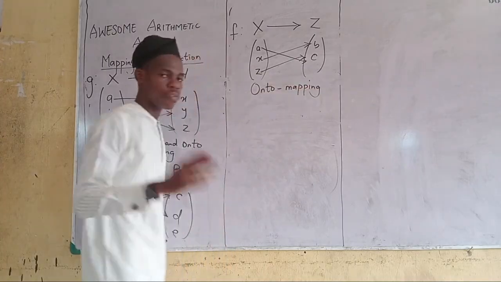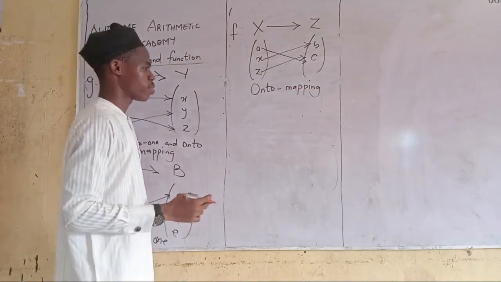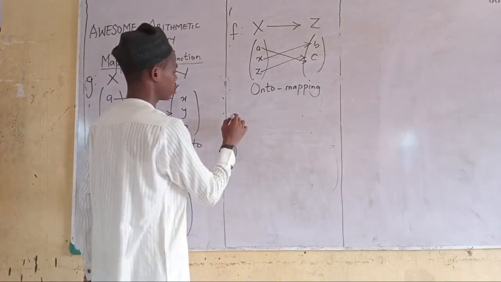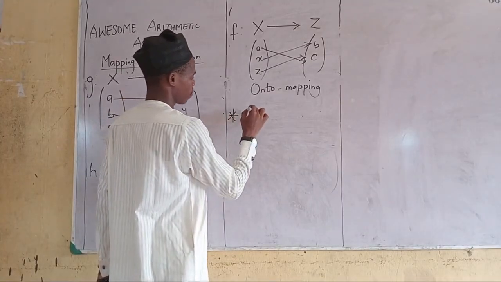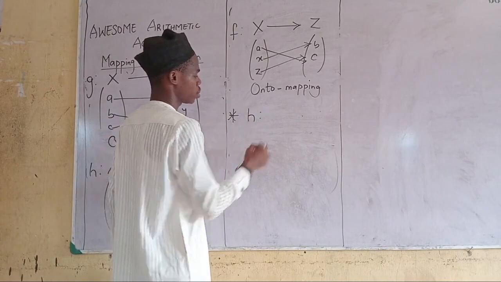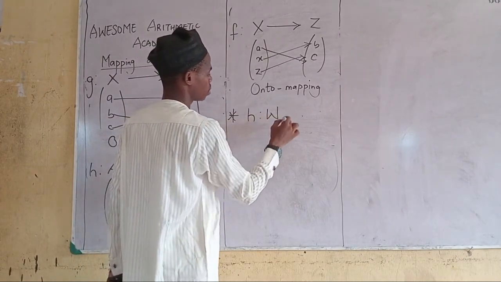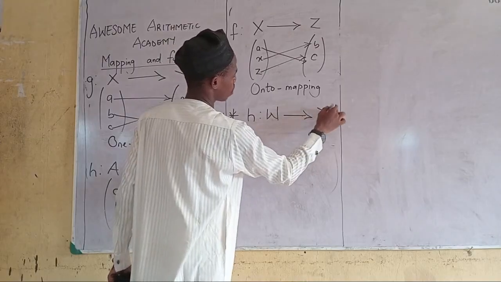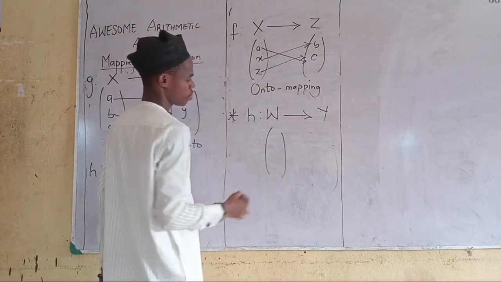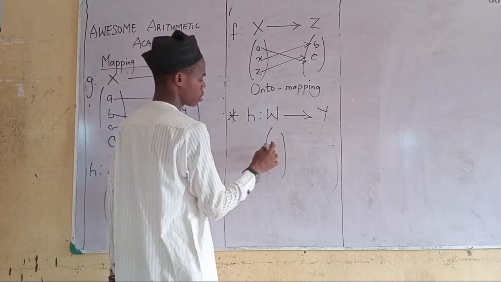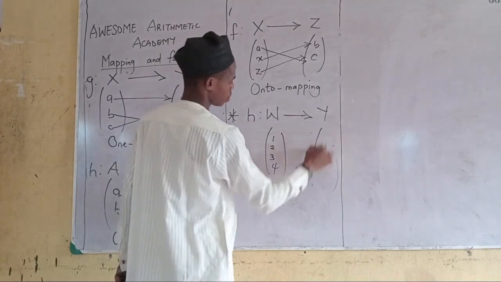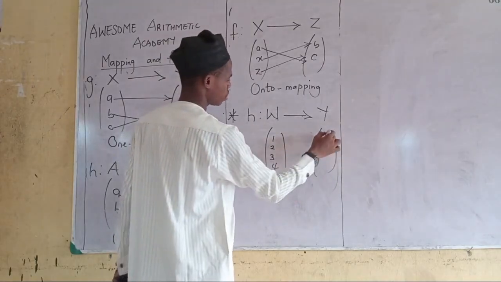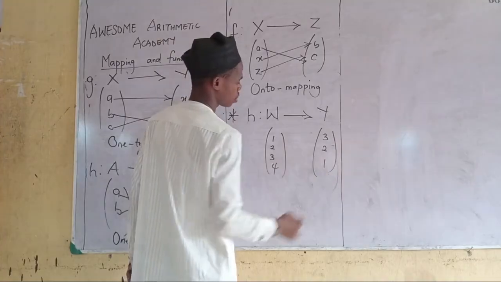So now, if you actually understand this, I want you to provide an answer to this one. If the function h maps elements of set w to set y, whereby set w is having 1, 2, 3, 4, and set y is having 3, 2, 1.